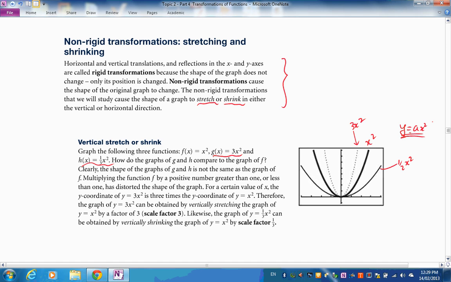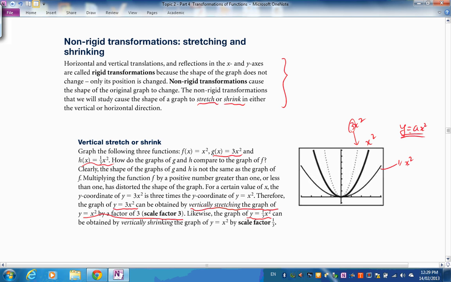So here we are, y equals 3x squared can be obtained by vertically stretching the graph by a scale factor of 3. Why? Because it's multiplying by 3 and it's stretching up. So we say it's stretched by a factor of 3. If we look at a third x squared, oops, sorry, I put a half there, misread that, so that should be a third here.